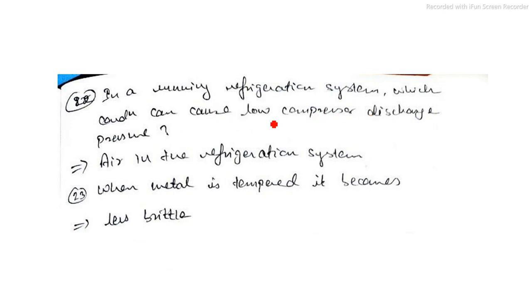Low compressor discharge pressure can be caused because of air in the refrigeration system. Then when metal is tempered, it becomes less brittle, as discussed earlier, since tempering is done to make the metal less brittle.